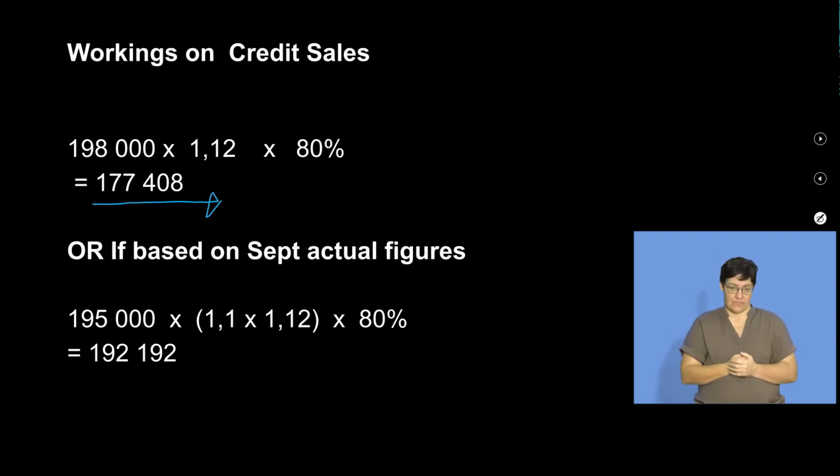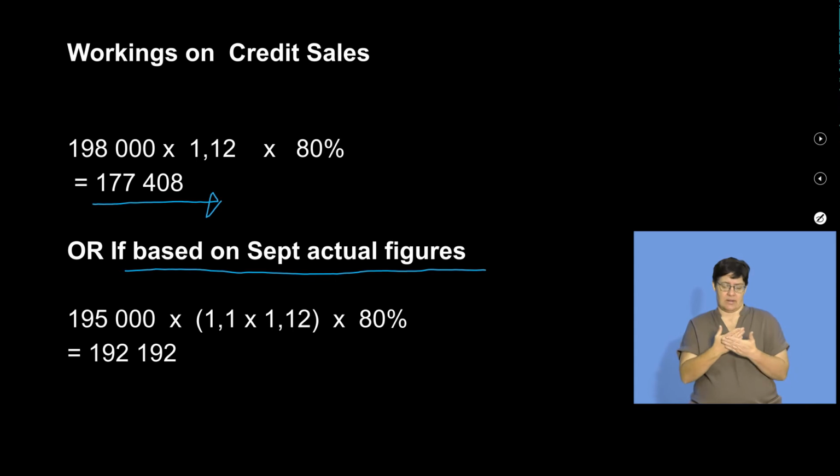You could also work with your September actual figures, right? And if you're doing that, then watch, it's 195,000 times the 10% increase, and then a 12% increase, and then 80% of that figure.